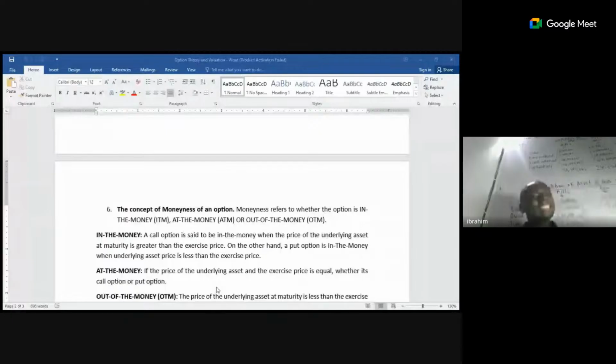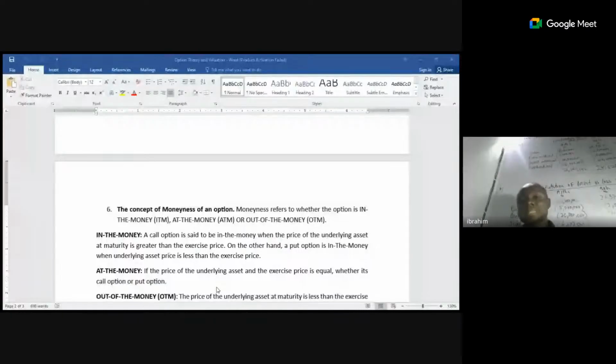Meaning that if the underlying asset is 50 and you have exercised your rights at the beginning to be 30 naira, at the end of the maturity, what will be the underlying asset price?